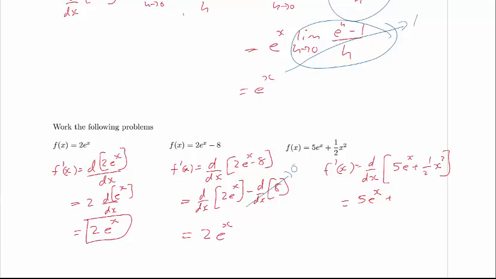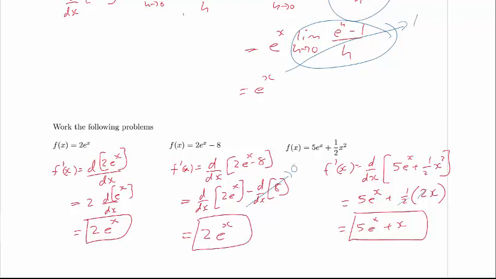And so here we have plus, on the second one, plus 1/2 times 2x, right? We just use the power rule on this one. And you can see 1/2 times 2 just go away. And so what are we left with but 5e^x plus x? And there's our answer for that one right there.